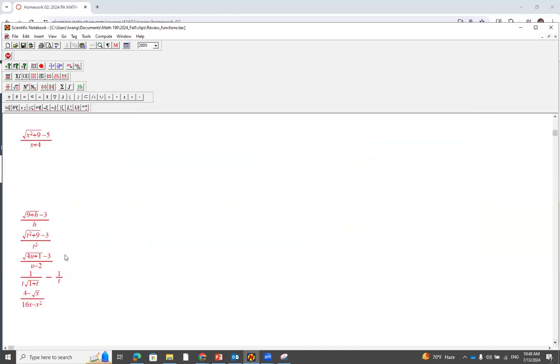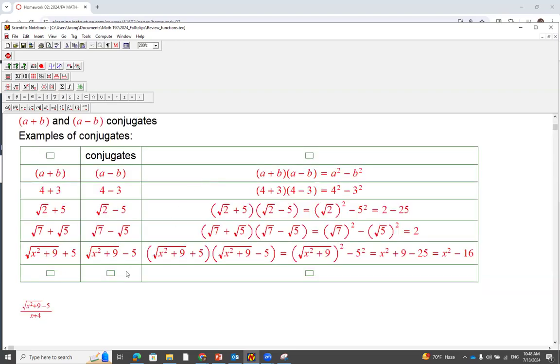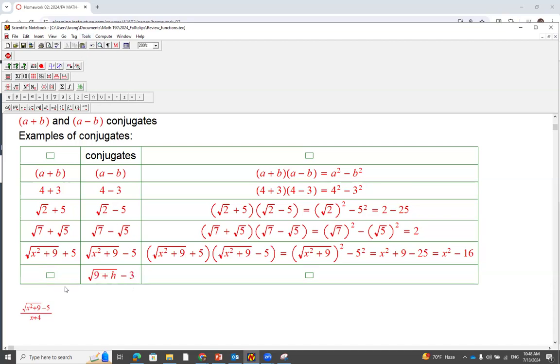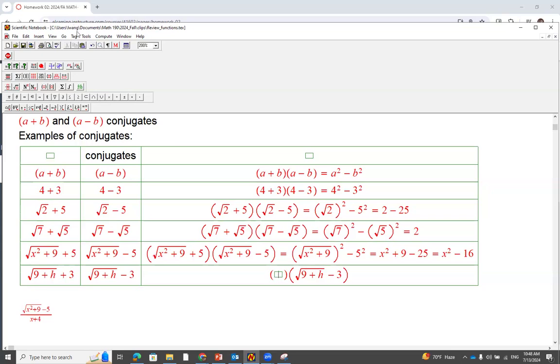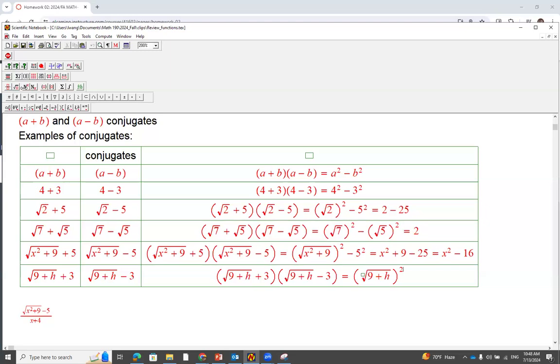Okay, you can see these are examples of conjugates. Let's do one more example: root of 9 plus h, minus 3. Its conjugate is root of 9 plus h, plus 3. And we apply the product of conjugates. One is a minus, one is a plus, and we will get root of 9 plus h squared minus 3 squared.